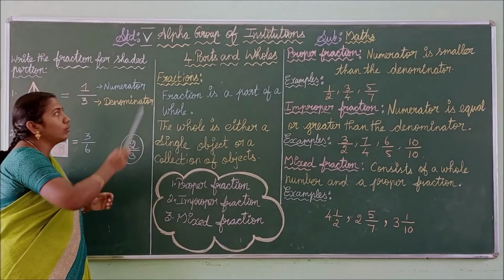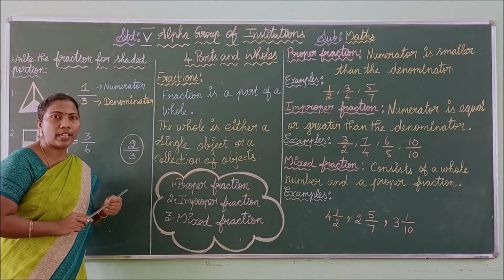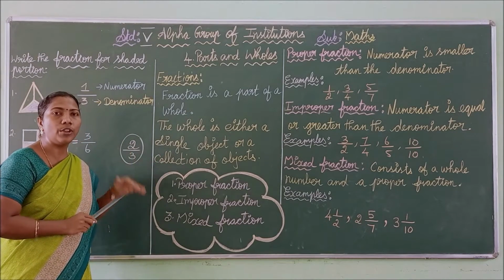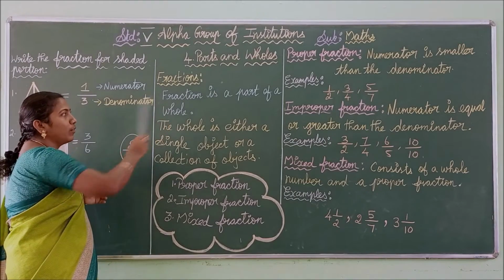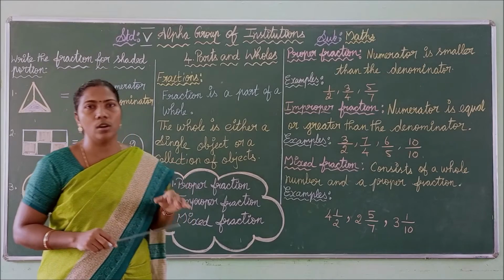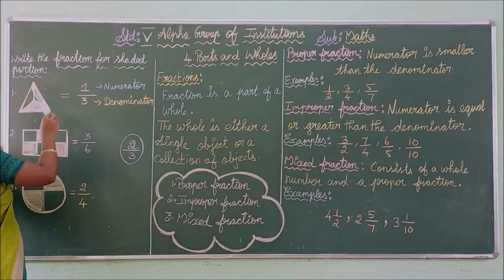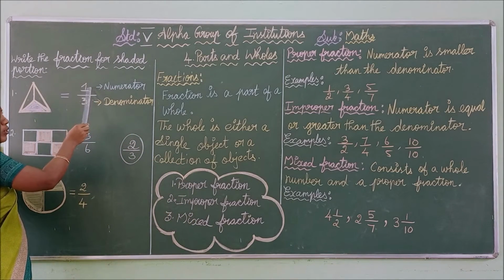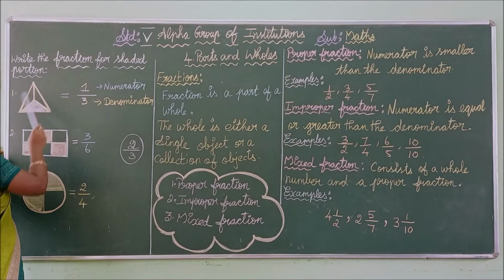Next we are going to see the definition of fraction. We have already seen it; once again we are going to recall it. What is meant by fraction? Fraction is a part of a whole. See here, this is one whole thing, and here we have mentioned only one part. Thus fraction is a part of a whole thing.